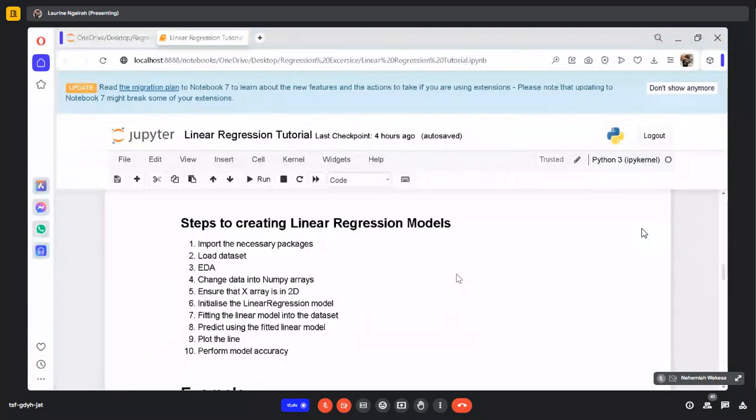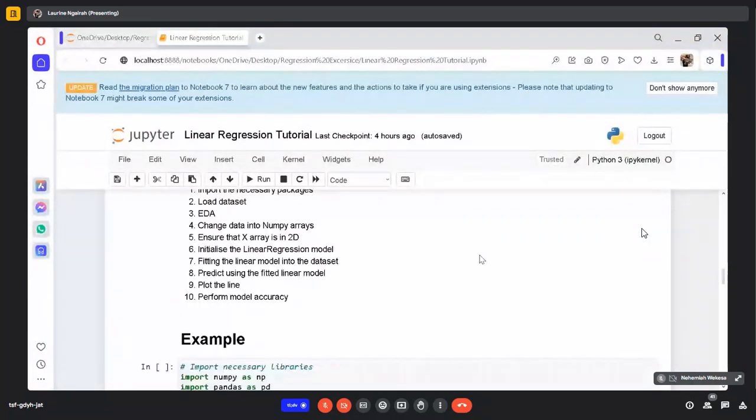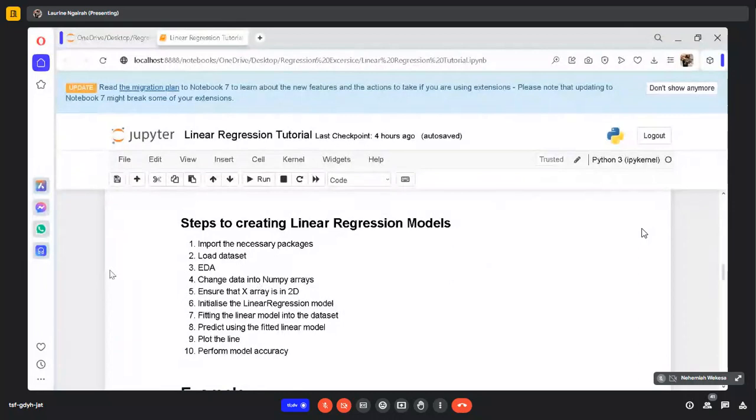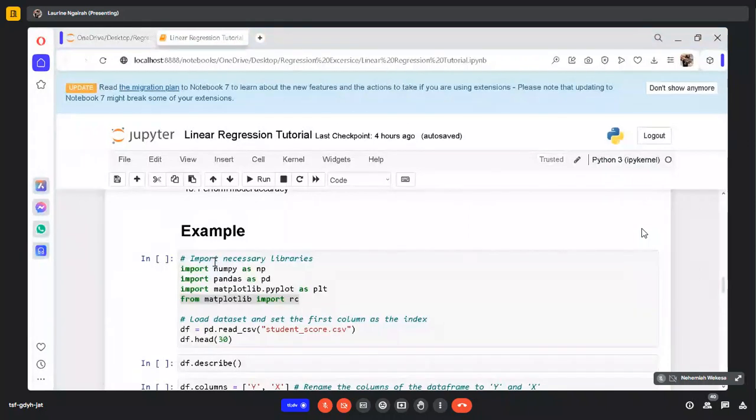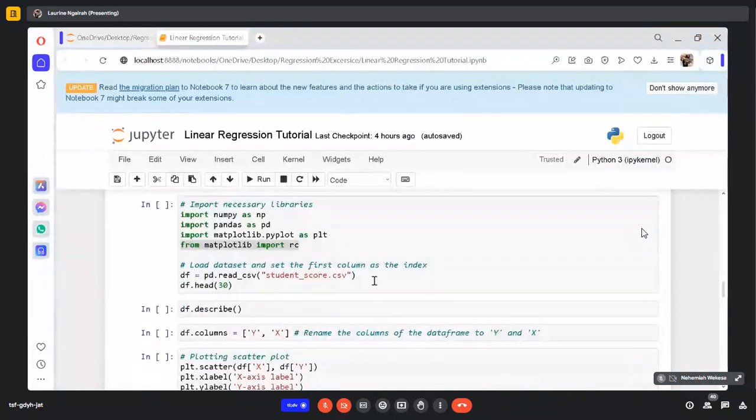So the first step is to import the necessary packages, then we load the data set, and then we conduct an EDA. So we import these packages that we are meant to use in our example. And then I've just loaded the CSV that I had shared with you.